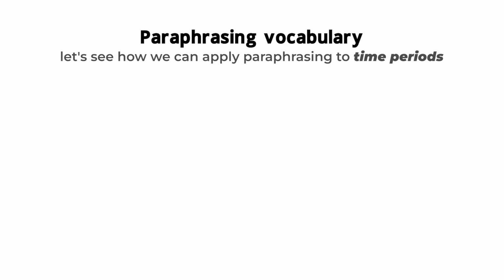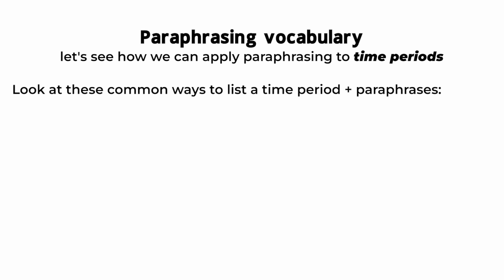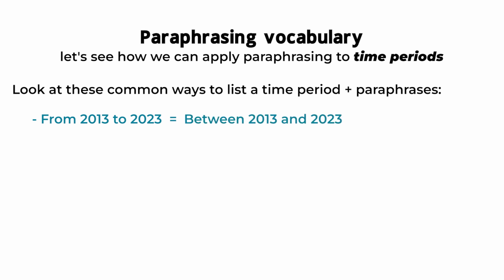Now, let's see how we can apply paraphrasing to time periods. Look at these common ways to list a time period and their paraphrases. From 2013 to 2023. Between 2013 and 2023. In 2013. In the year 2013.